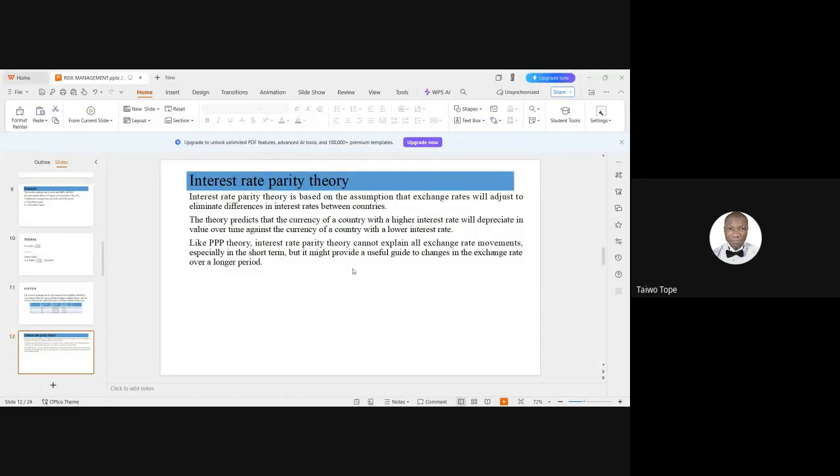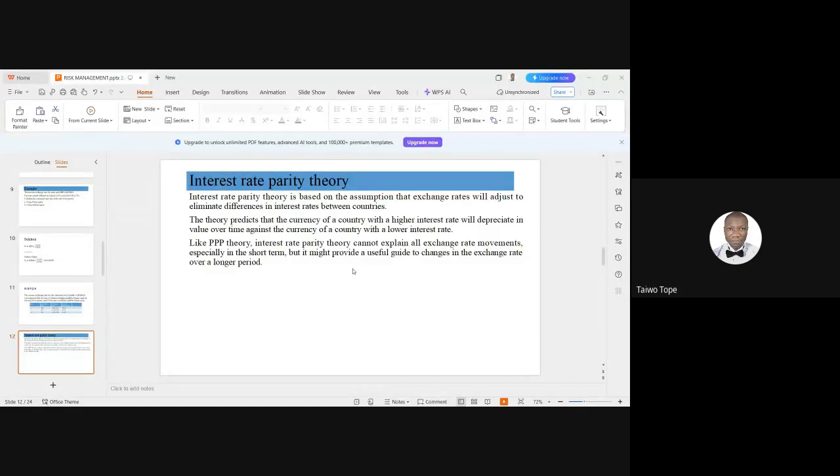Arbitrage refers to the practice of buying and selling the same assets in different markets in order to make a risk-free profit from price differences. There are various forms of arbitrage. You have geographical arbitrage, sometimes called spatial arbitrage. There is triangular arbitrage, and so on and so forth. As we study under this topic, the concept of arbitrage is important.